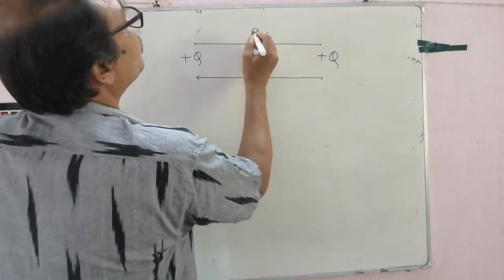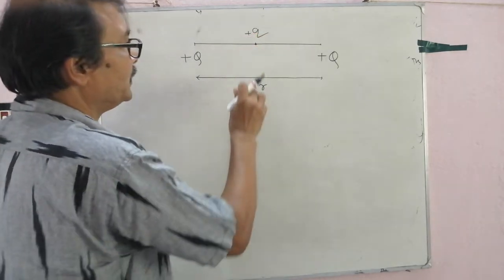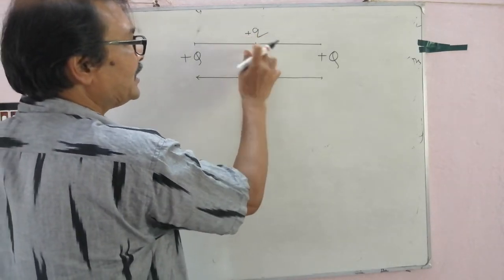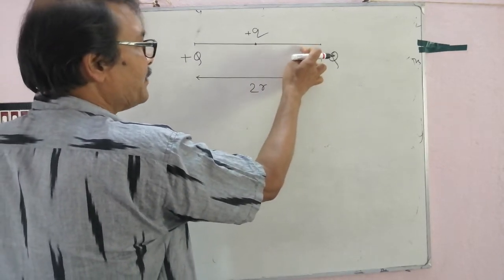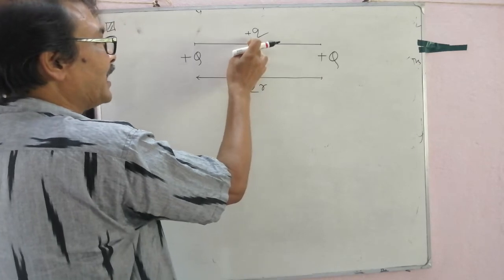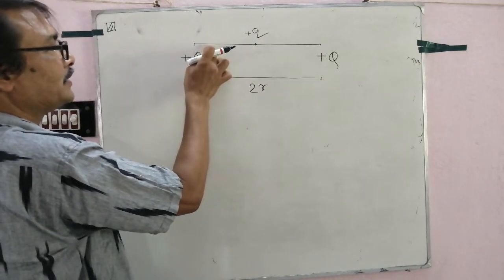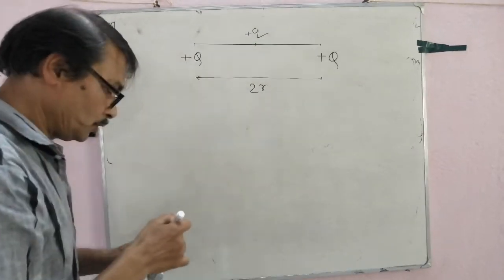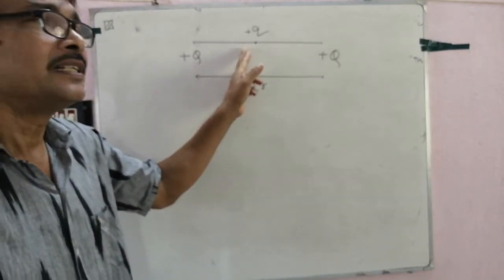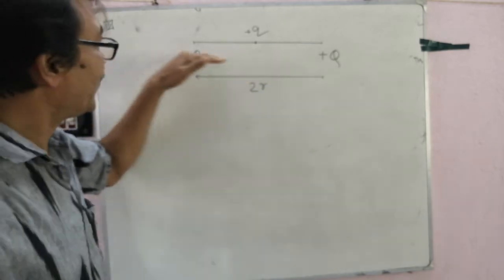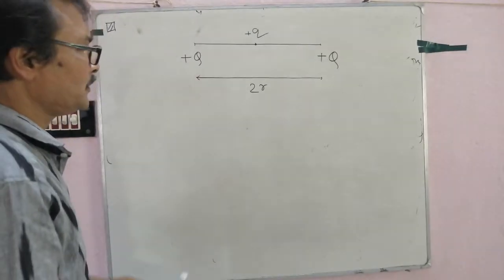If this charge is positive and we displace it towards this plus q, it will repel, and if it moves towards this one, it will repel. So due to these two charges, the plus q charge is in stable equilibrium along the line.